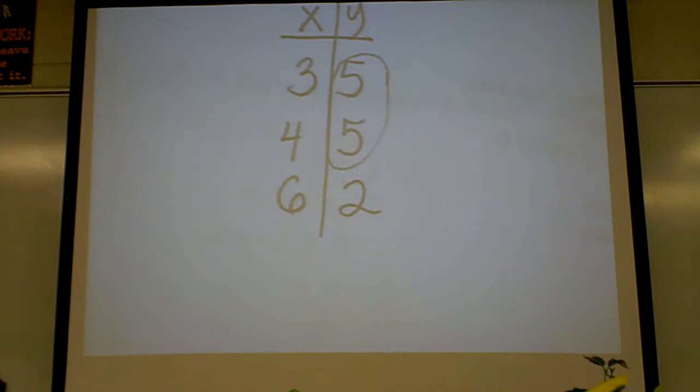It's switched, just like you switch the x and the y. That thought process of looking at your x column, if any of the x's are repeating, it's not a function. Now they're going to ask you, here's a function, is its inverse going to be a function? You're going to look at the y values, and if the y values repeat, you'll say its inverse would not be a function.